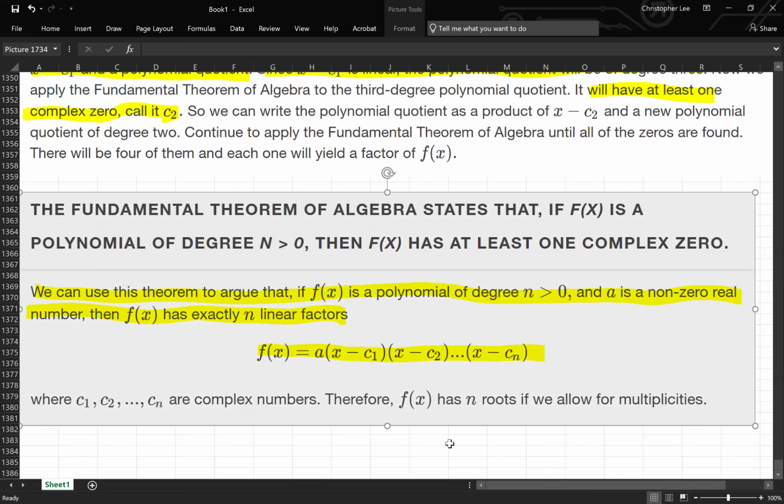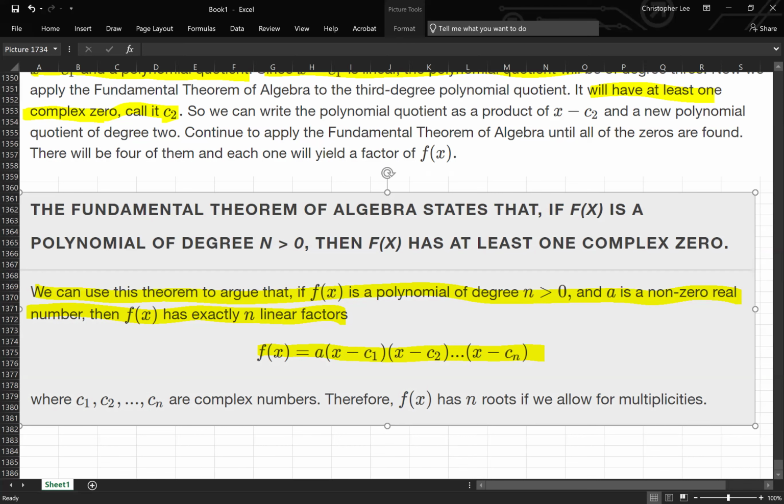So whatever function I give you, f of x, can be factored into a times x minus c1 times x minus c2 all the way to x minus cn, where c1, c2, all the way to cn are complex numbers. Therefore, f of x has n roots if we allow for multiplicities.